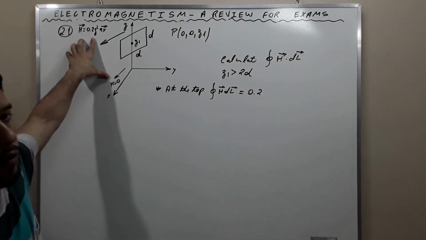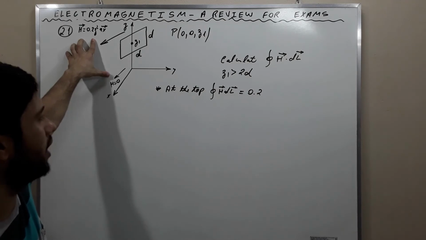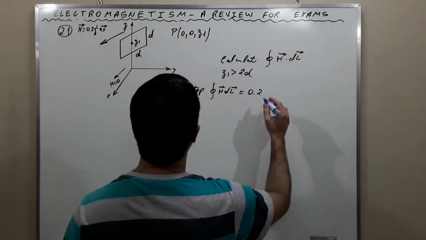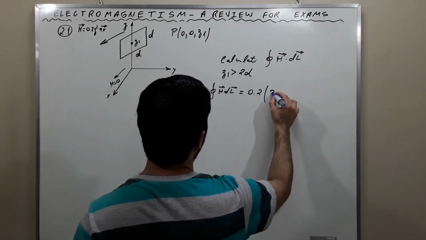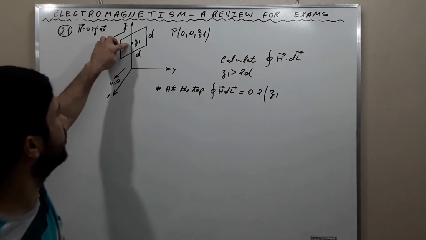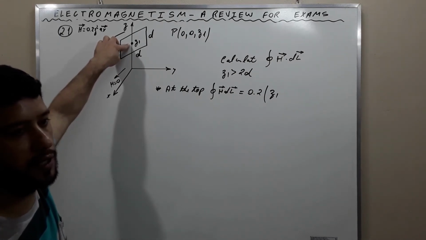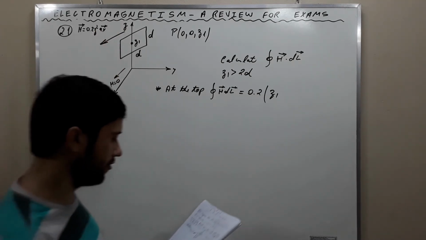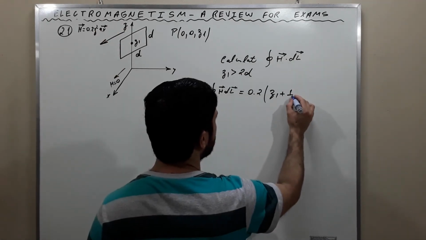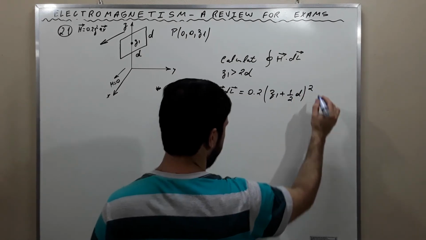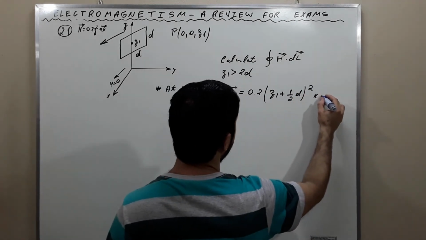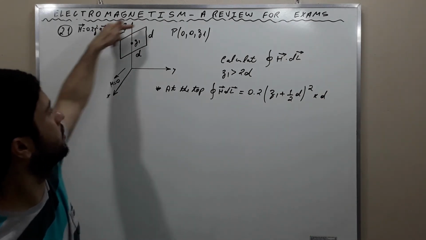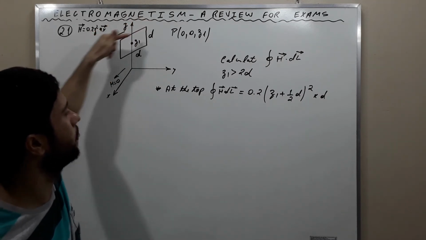We are going to follow this expression here, 0.2 times z squared, where z is equal to z1, which is the point that locates the center of the square, plus half of the side, times the entire length here, okay?